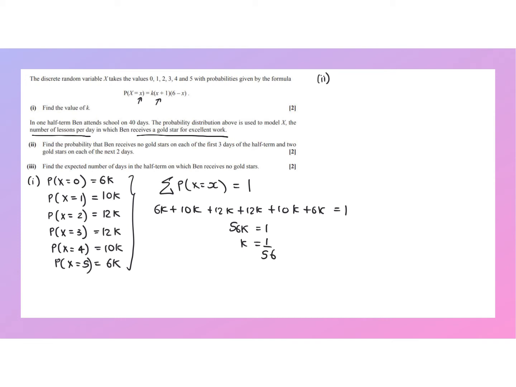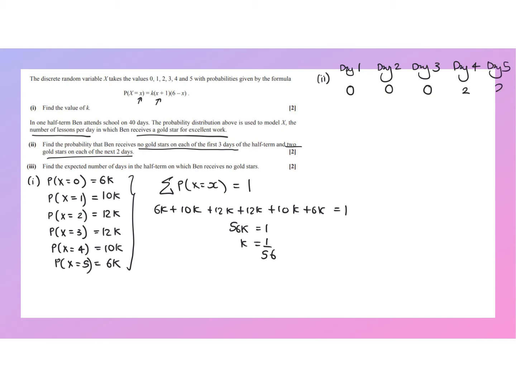So part 2, find the probability that Ben receives no gold stars on each of the first 3 days of the half term. So that means day 1, day 2, and day 3, he's going to receive 0, 0, 0 gold stars. And he receives 2 gold stars on each of the next 2 days. So day 4, he receives 2 gold stars.